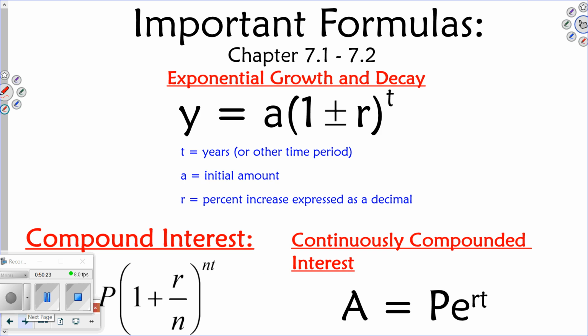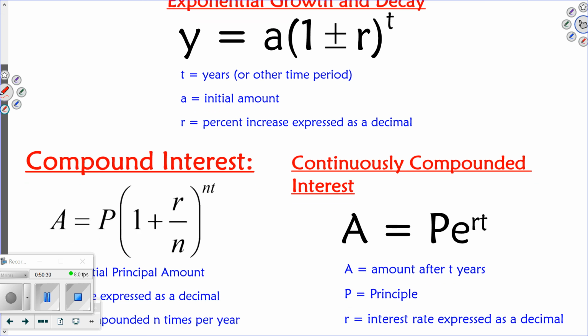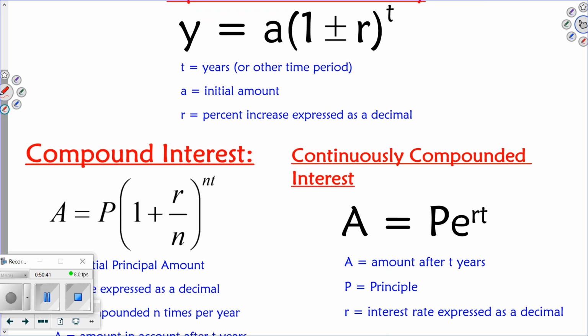So these were your three formulas, right? You had your exponential growth and decay. I know to use this one because it will not say compounded anywhere in the problem. So that's how I know to use this one. And I did break down for you what everything stands for. Your compound interest and continuously compounded, it will literally say the word compound in the problem.